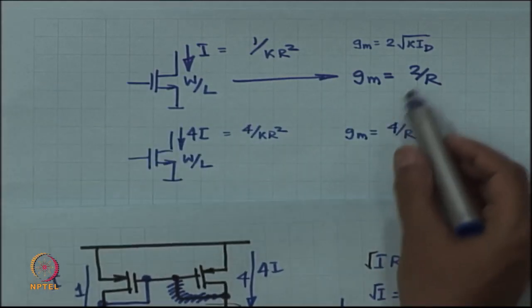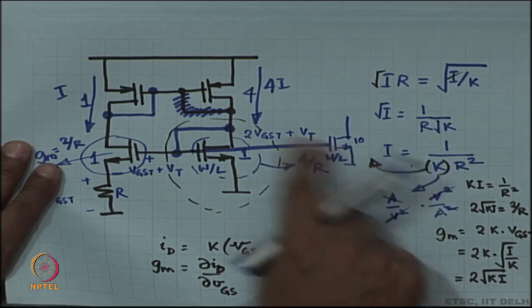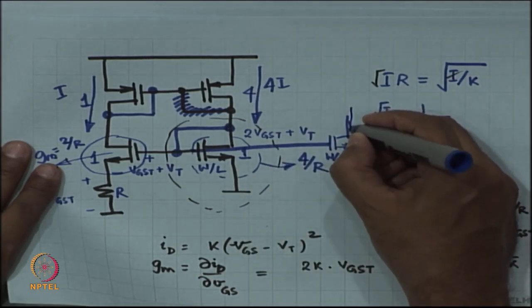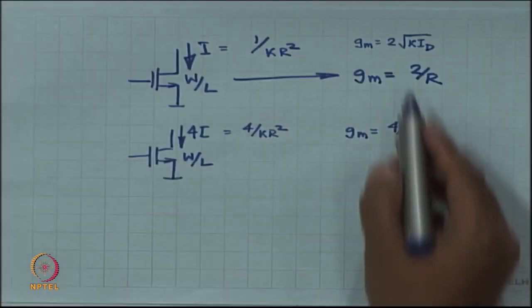Its K has gone up 10 times. ID will also go up 10 times. So, now this is going to conduct 40 I. So, just look at it.